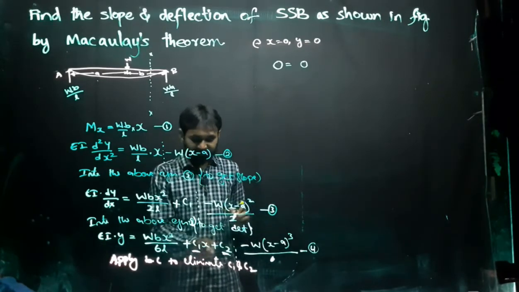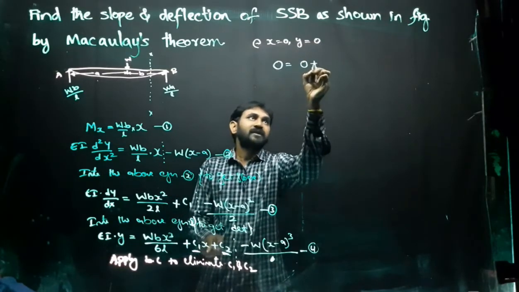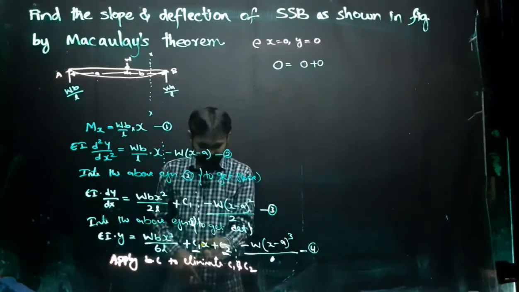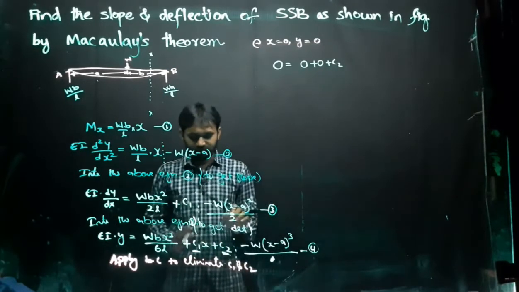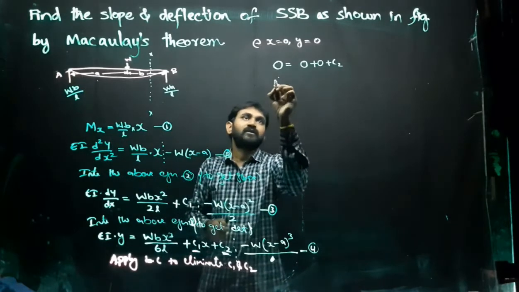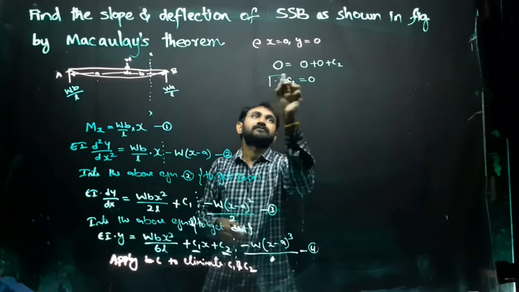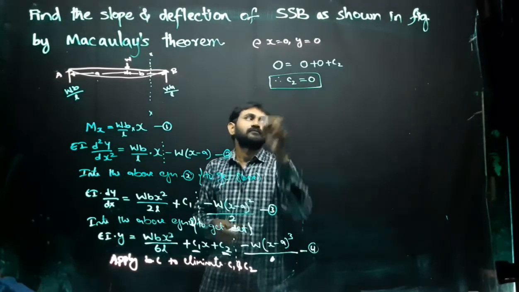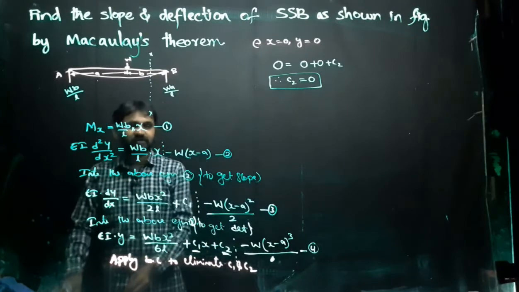Plus C1 into x, where x is 0, so plus 0. Plus C2 at this point. Therefore, C2 is equal to 0 directly.